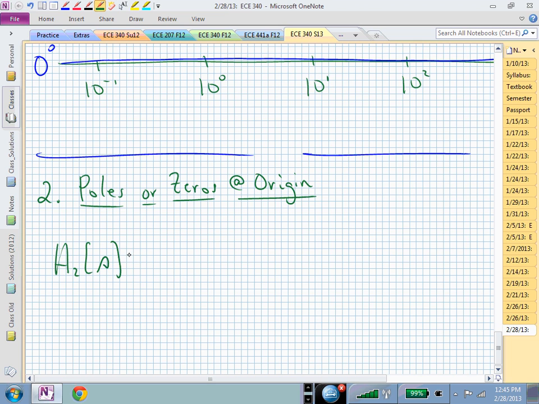You could now have h sub 2 of S as some S, and then we could represent this either as zeros or poles by raising that to a plus or minus n power, capital N. In this notation, the positive exponents would represent zeros, and the negative exponent, which would put S effectively downstairs, would be representative of poles.